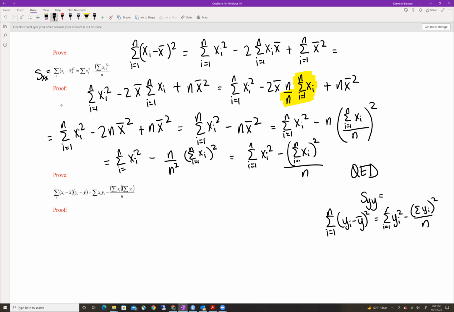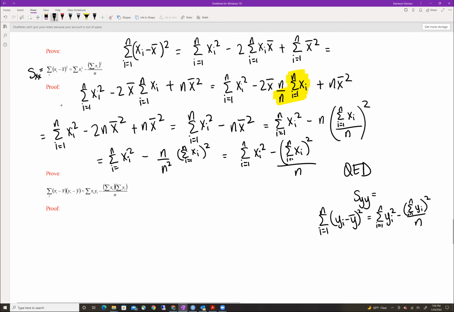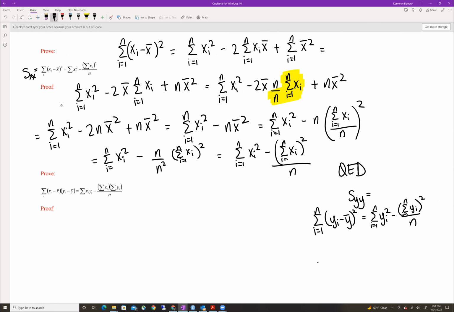Okay, one thing to note is that it does matter whether or not you have parentheses here. Just remind yourself, if we had the values of yi equal to 1, 2, 3, so y1 would equal 1, y2 would equal 2, y3 would equal 3.